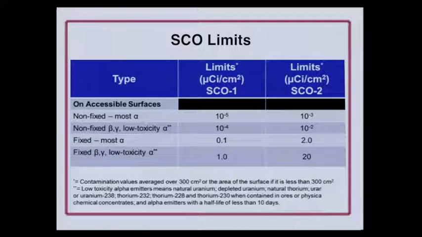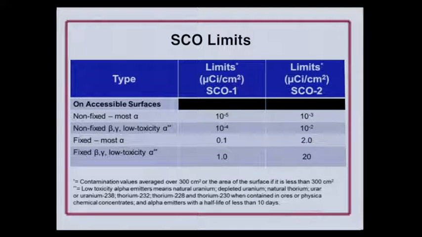Non-fixed includes most alphas. Then non-fixed beta gamma and low toxicity. And if you were wondering what low toxicity is, here you go. There's your definition. It's low level natural uranium, depleted uranium, natural thorium, uranium-235, 238, or 232. There you go. That's the definition of low toxicity alpha.